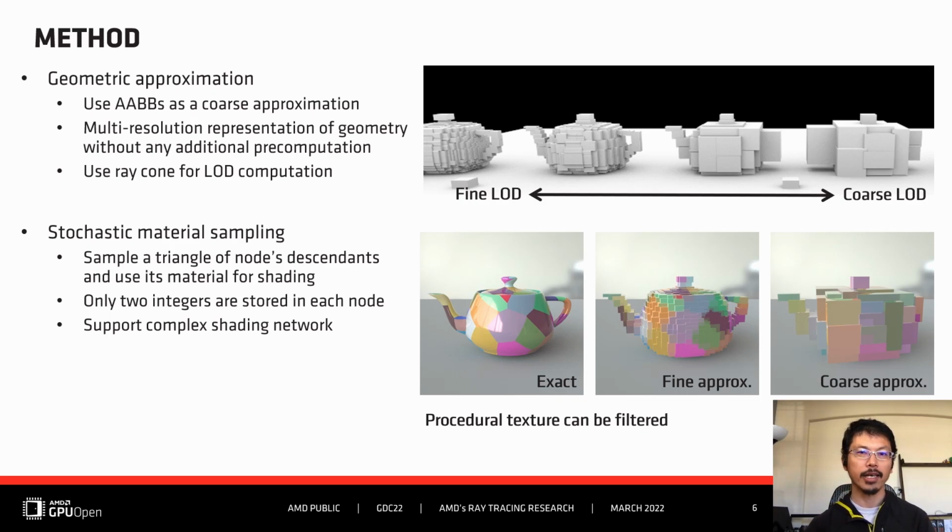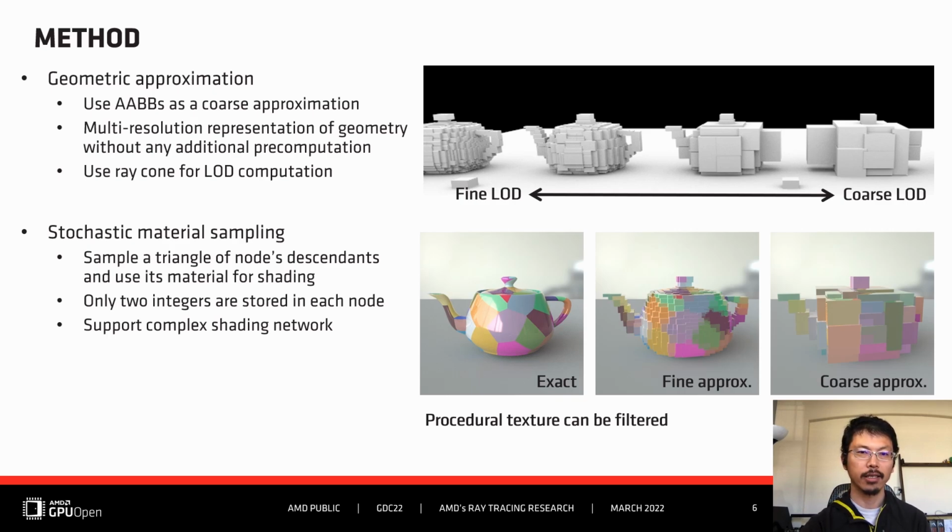We came up with a solution called stochastic material sampling, where we only store 2 integer values at each node in BVH to sample material of the node. It does not pose any restriction on the material which is used for that. So we can use it for anything, and we can filter material very well, as you are going to see in the next slide.